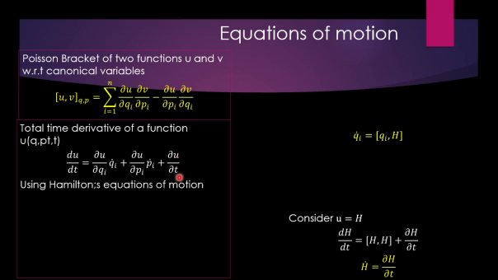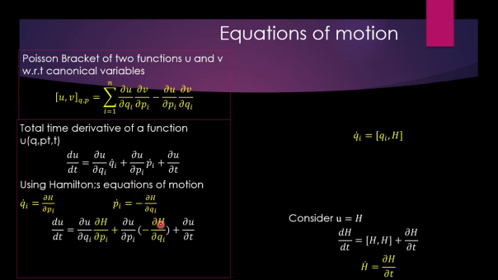Now we make use of Hamilton's equations of motion. So here you can see, instead of qi dot I can write ∂H/∂pi, and instead of pi dot I can write minus ∂H/∂qi. So what you get will be ∂u/∂qi into ∂H/∂pi.